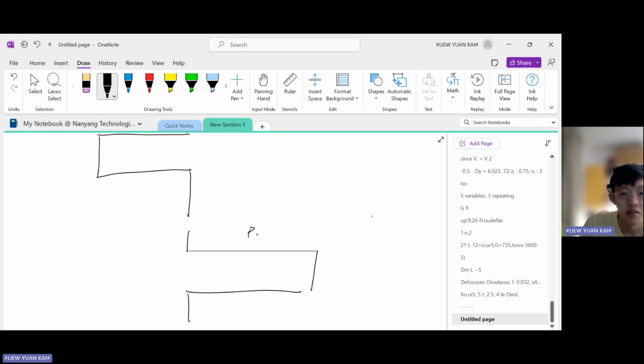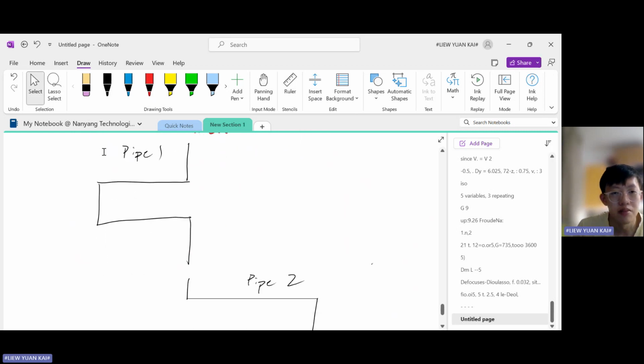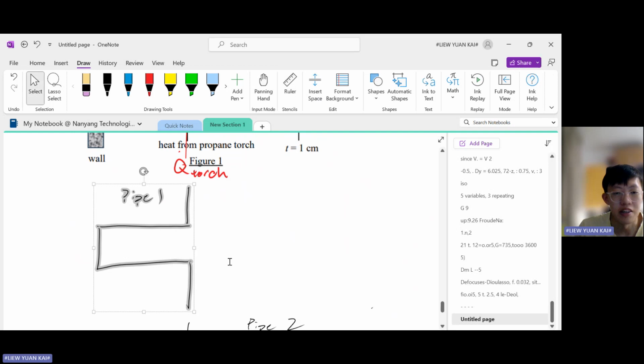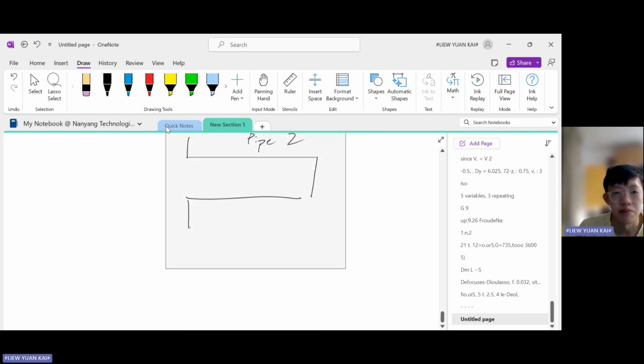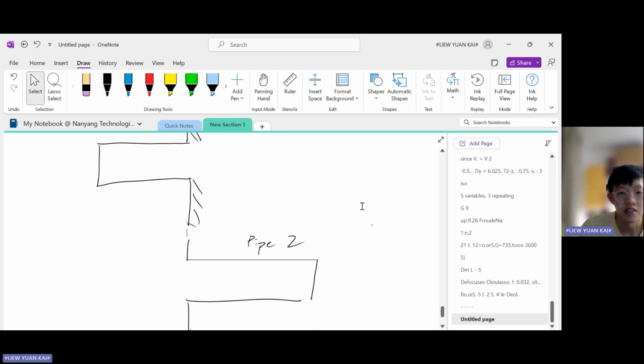So this is pipe 2. See, these are the fin problems that we are familiar with, one individual fin and then a separate individual fin. And then this would normally be the base of the fin, and this too would be the base of the fin.